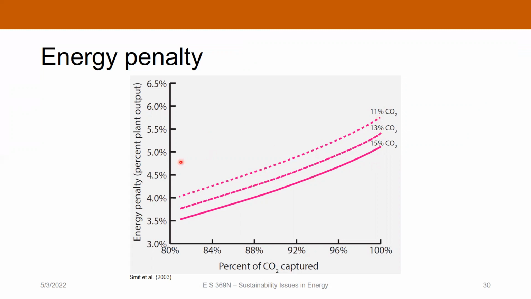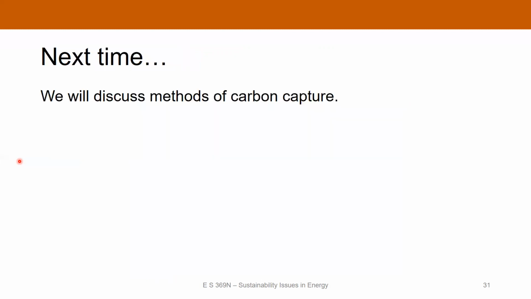But generally, for these types of concentrations, if you're going from 80 to 100% CO2 capture, you're going to use anywhere from like 3.5 to maybe up to 6% of your total power plant output just to capture that CO2. This doesn't include compression. So when you're designing these types of facilities on power plants, you really have to balance how much energy you want to put into it versus how much of the CO2 you actually want to capture.